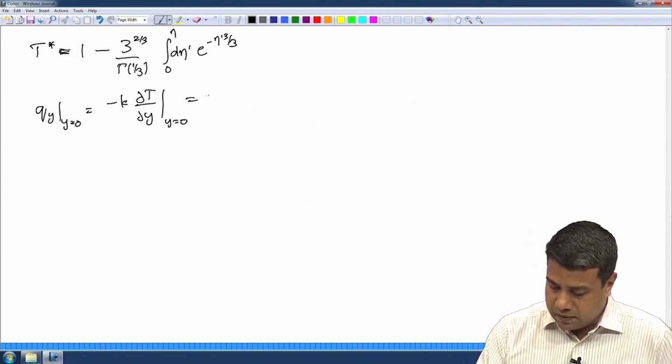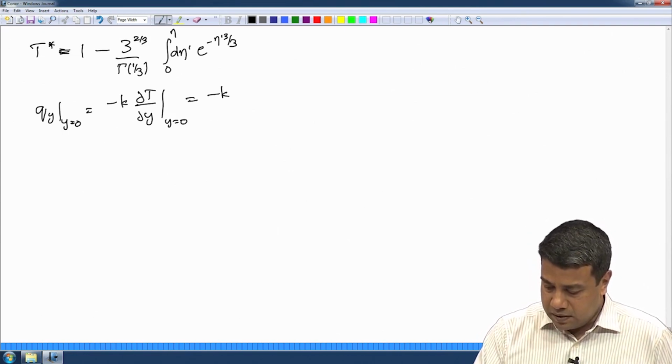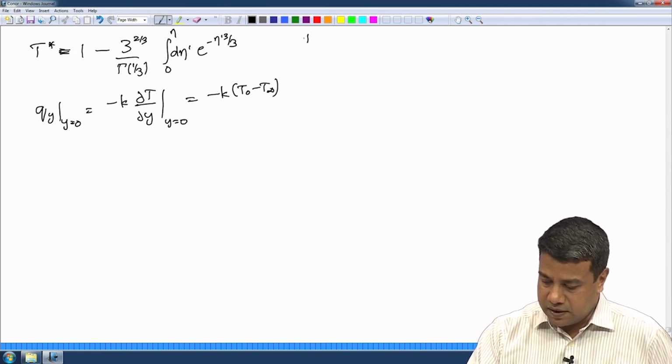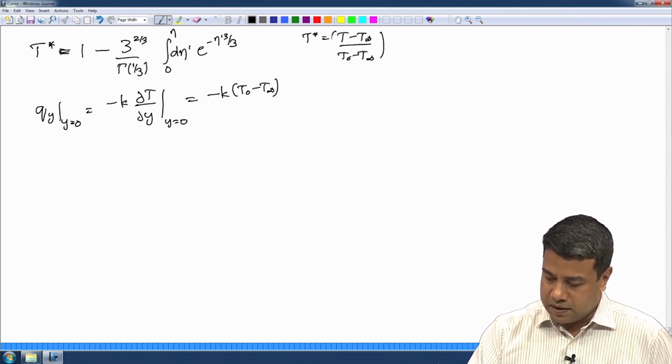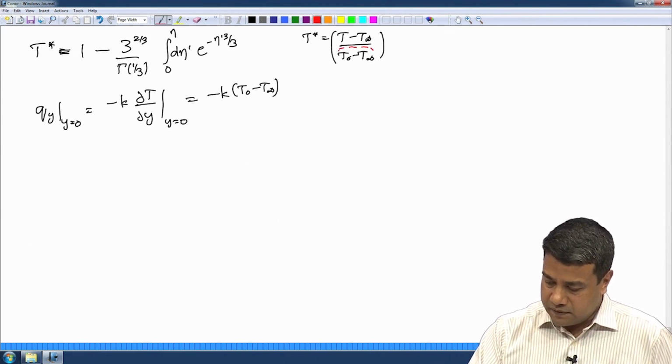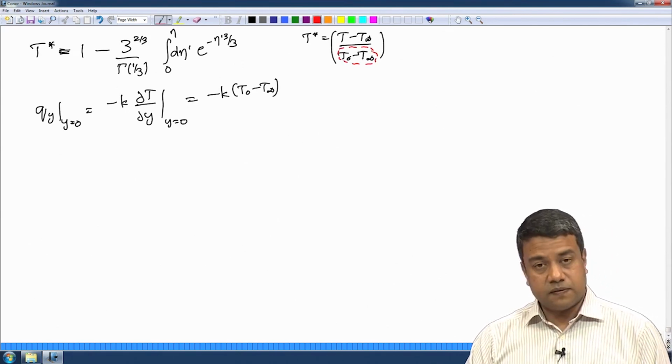It is equal to minus k into T naught minus T infinity, because if you recall, T star was defined as T minus T infinity by T naught minus T infinity. So, that was our definition of the scaled temperature. Therefore, I get this term here when I express in terms of T star.